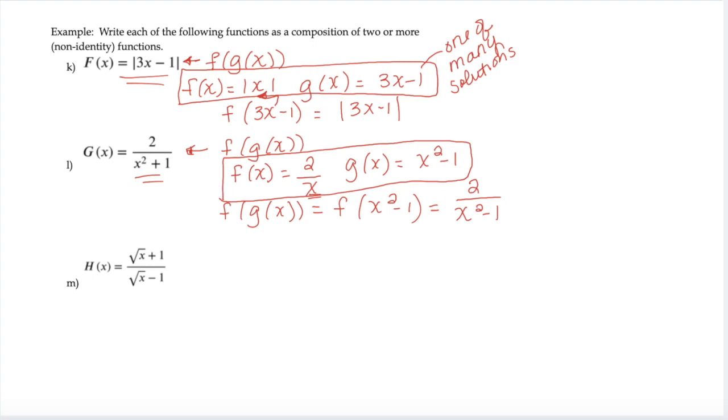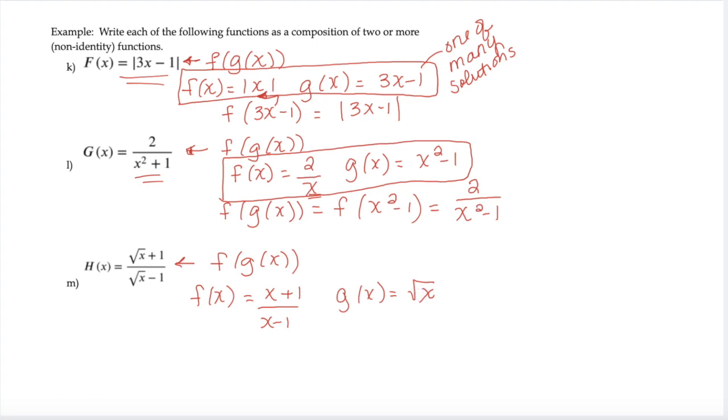H of x, we have square root x plus 1 over square root x minus 1. We're looking for f of g of x that would work in this situation. I'm going to do something a little different. I'm going to let f of x be x plus 1 over x minus 1. And then I'm going to let g of x be the square root of x.